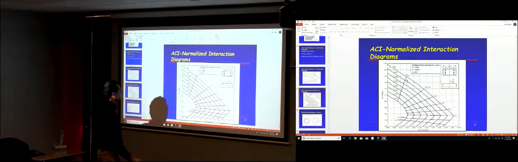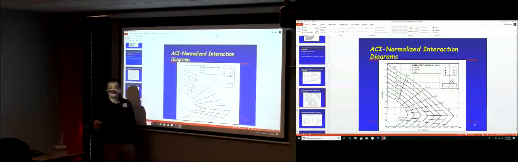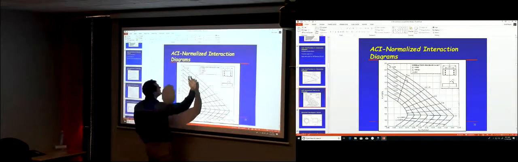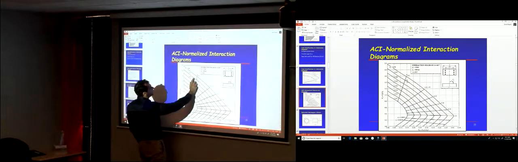That line K max is just multiplying this Pn by that factor alpha, which was 0.8 for tied columns and 0.85 for spiral columns. So this value is around 2, multiplying it by 0.8 gives you a little bit less than 1.6, because this is less than 2. So this point becomes here.